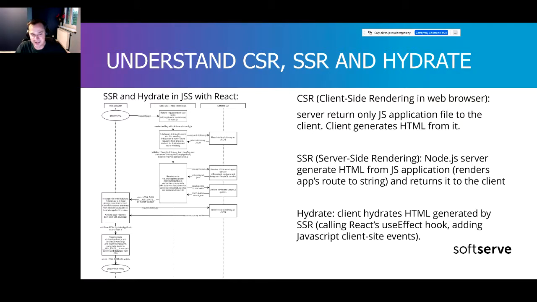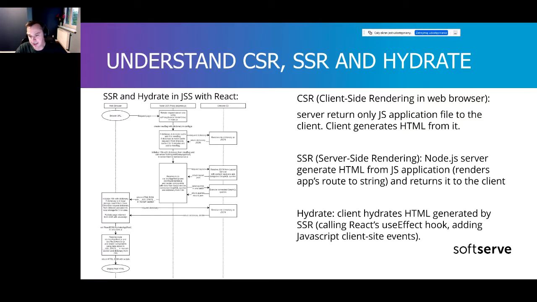But there is some negative part. When you return this to the browser, I think Google will not index it, because there won't be any data, any content in this page. So to address this issue, you can use server-side rendering in React. What you need to do is build another project with your Node.js server.